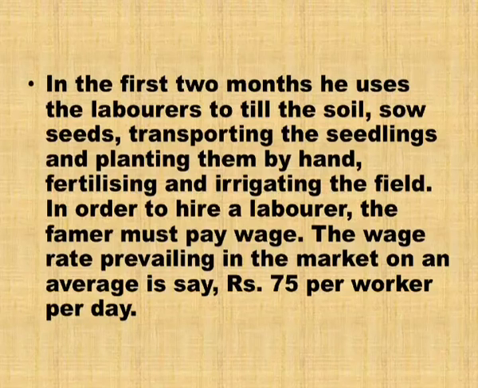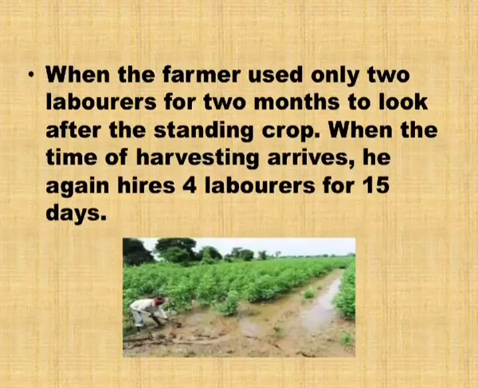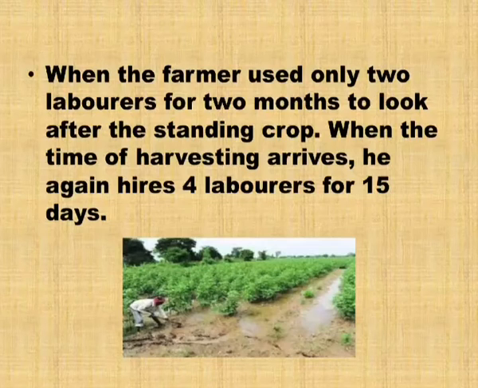The wage rate prevailing in the market on an average is say rupees 75 per worker per day. Then, the farmer uses only 2 laborers for 2 months to look after the standing crop. When the time of harvesting arrives, he again hires 4 laborers for 15 days. What is the total amount paid to the laborers by the farmer?